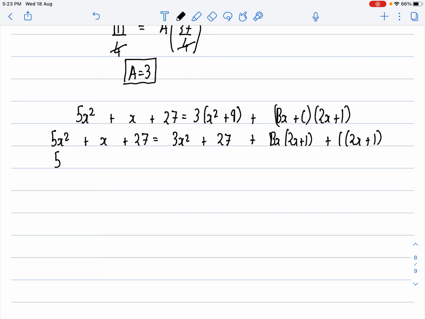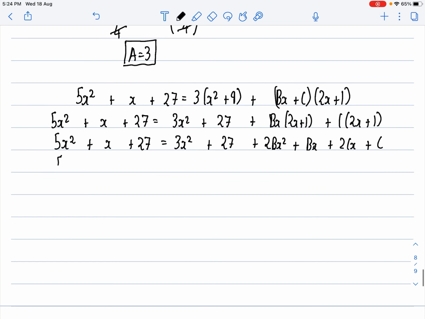Now when I take bx inside the bracket, I get 2bx square plus bx plus 2cx plus c.